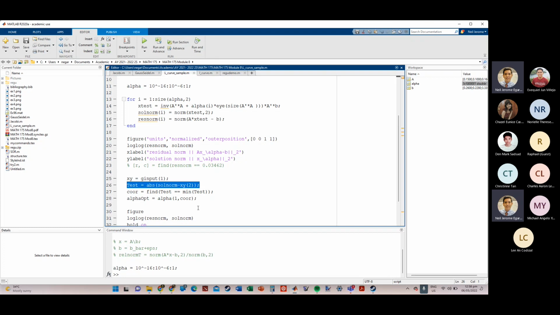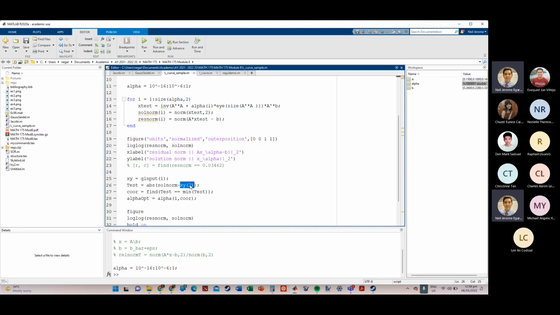Kasi nga, finite lang yung precision ng mouse at nung pagkiklik sa screen. So kailangan niyang hanapin ano yung pinakamalapit na entry doon sa solution norm vector na magko-correspond doon sa value ng solution norm doon sa point na kinlik ko. Kasi rito ibibigay niyo yung xy component, ano? So i-compare ko ngayon yung y component na nakuha ko doon sa kinlik ko na point, pero yung y-axis nagko-correspond siya sa solution norm.